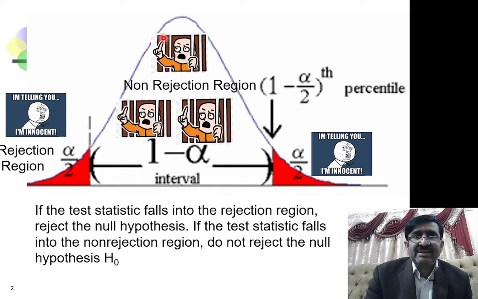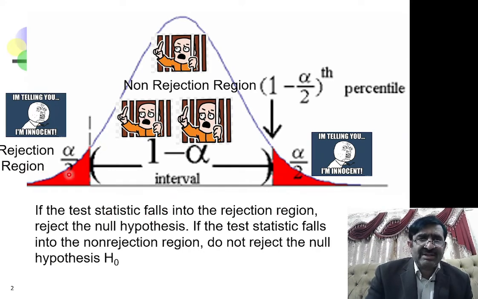are saying that they have some relationship with the population, that is, the population average. If the test statistic falls in the rejection region, which you can see in red, we reject the null hypothesis. And we will say definitely it has some relationship, because out of 100, just 5% are saying they are innocent, so definitely the person is not innocent.